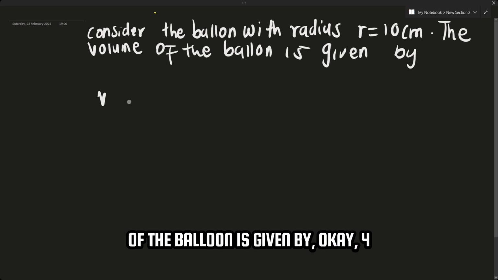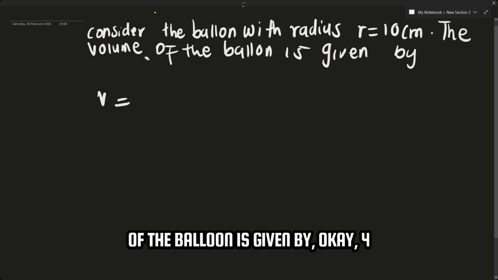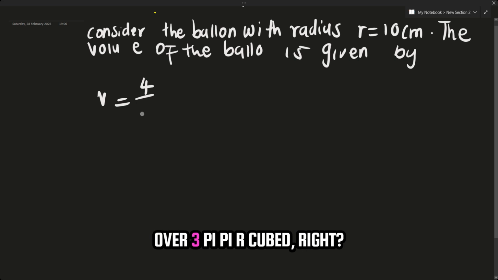volume is equal to 4 over 3 pi r cubed, right?